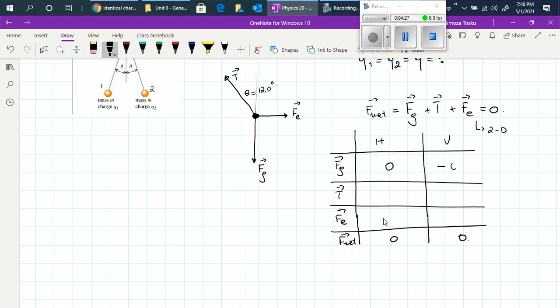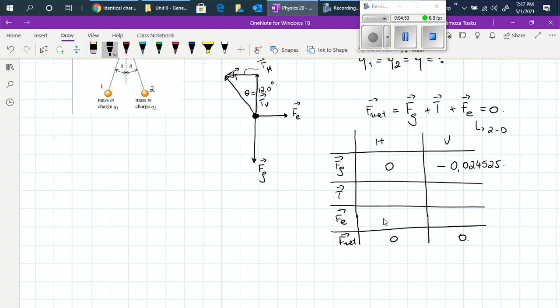So this will be negative 0.0245525. The horizontal component of the tension will be this vector here, and this will be the vertical component of the tension.